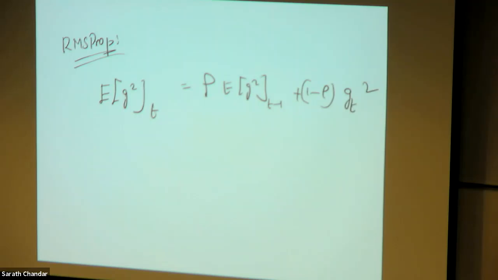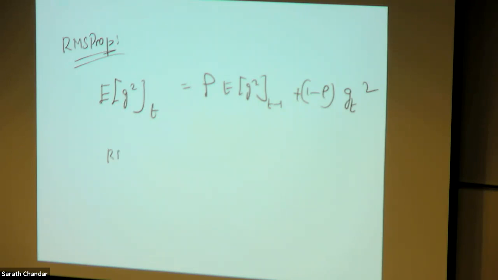This improvement over Adagrad is called RMSprop. The idea of RMSprop is I'm going to maintain G squared. This expected value of G squared is going to be some rho times the past value plus 1 minus rho times the new gradient squared.